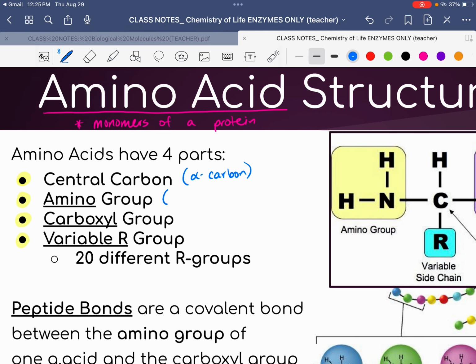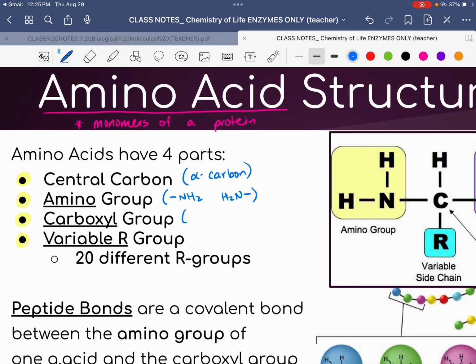The amino group is often represented as an NH2 group, or if the amino group is on the left-hand side of the amino acid drawing, then we put H2N. These mean the same thing, right?